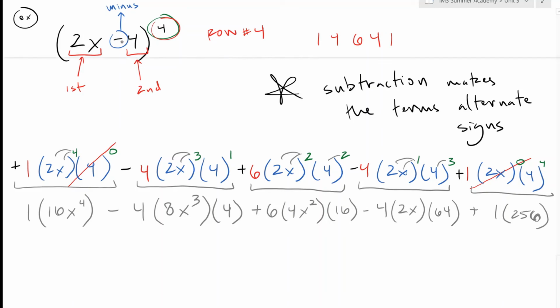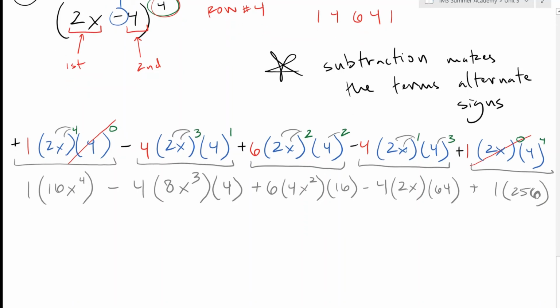Just a little bit more multiplying now. 1 times 16x to the 4th is just 16x to the 4th, minus 4 times 8 times 4. 4 times 8 times 4 is a 512. We still have the x to the 3rd.